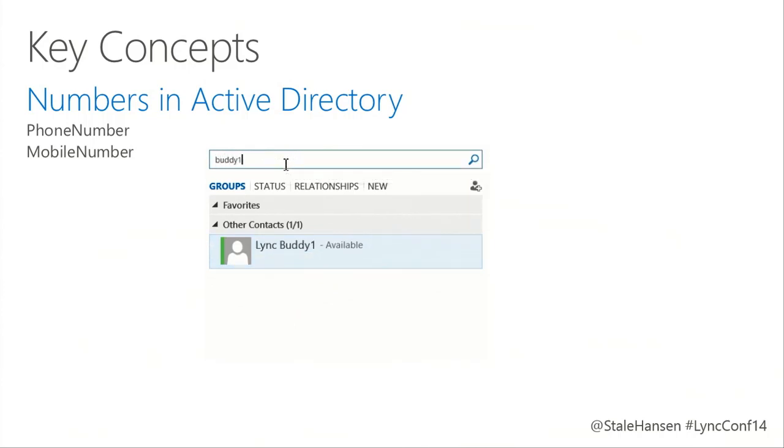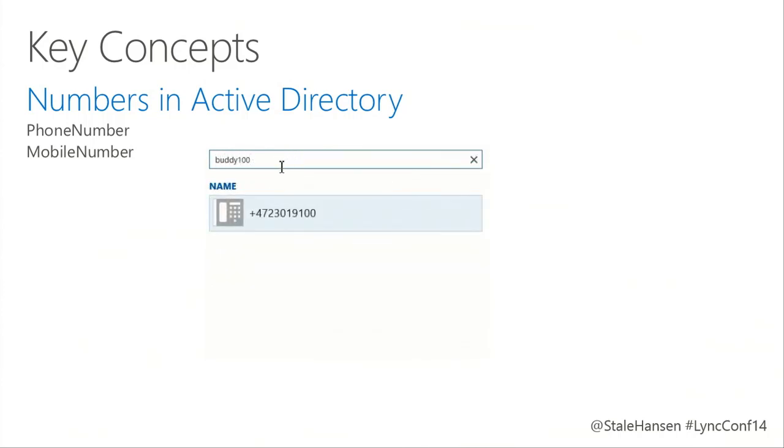Also, if you have users that are not enabled for Lync, but do have a work number, they will display in your Lync contact book. So Lync is your complete contact register for numbers from Active Directory. And these are just display numbers displayed through Lync.